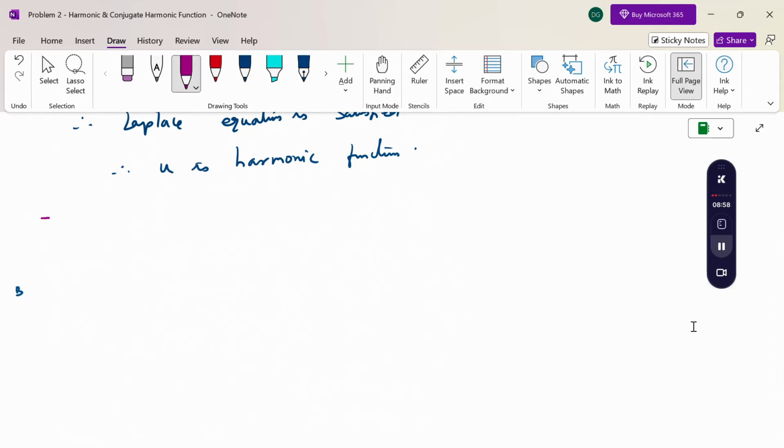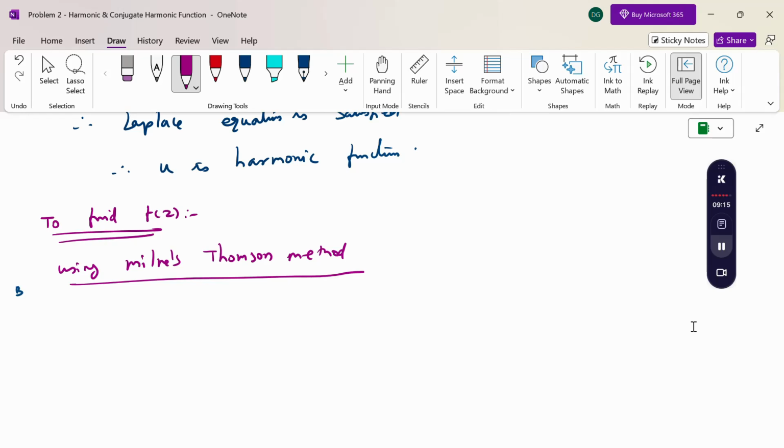See, to find f of z we use the Milne-Thomson method. The Milne-Thomson method is nothing but finding f of z when u is given.